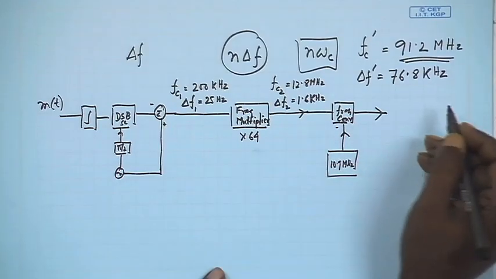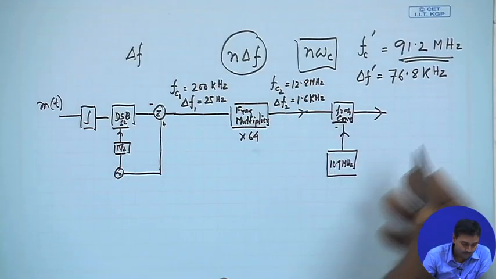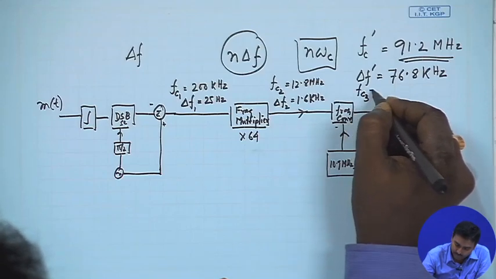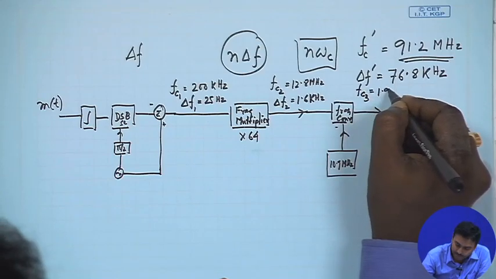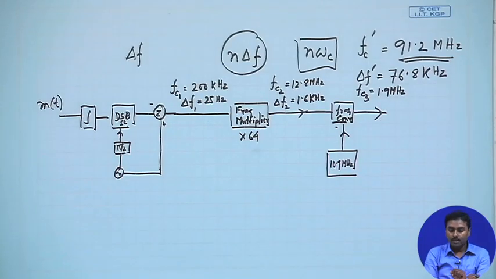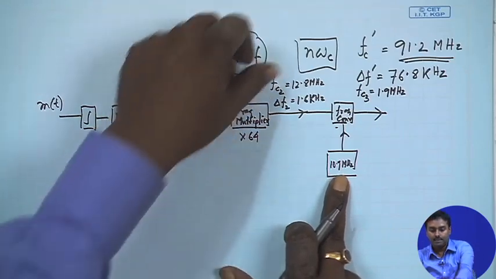So, what will happen? I will now go to, so this is 12.8 minus this, probably my FC3 sorry, should be 1.9 megahertz. Okay. So, as I have told, this might create both the frequency, this plus this and this minus this. So, here I am interested in this minus this. So, I will be putting accordingly a band pass filter which will just take out my FM signal.